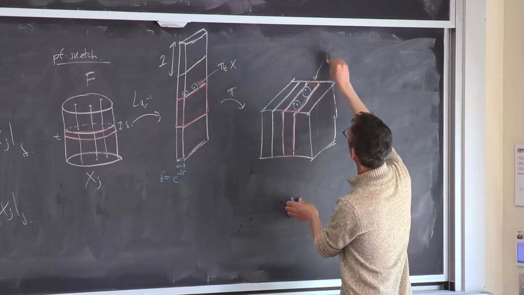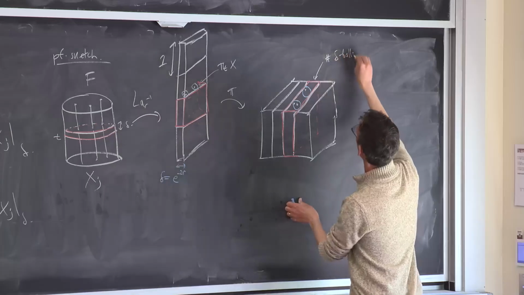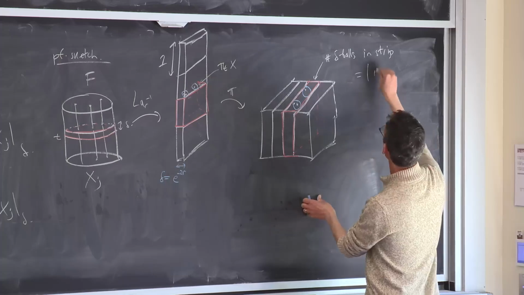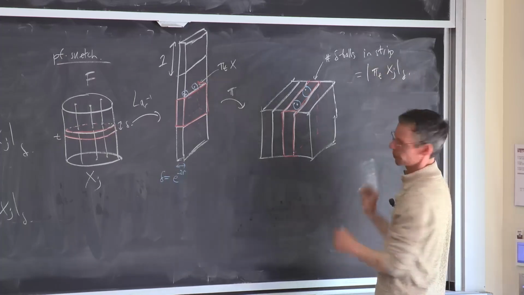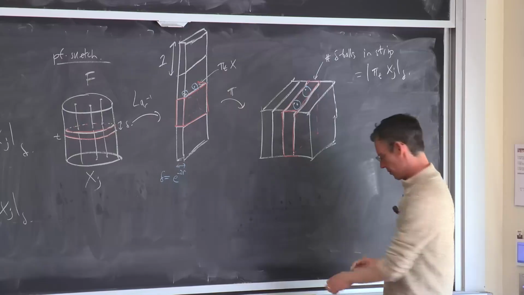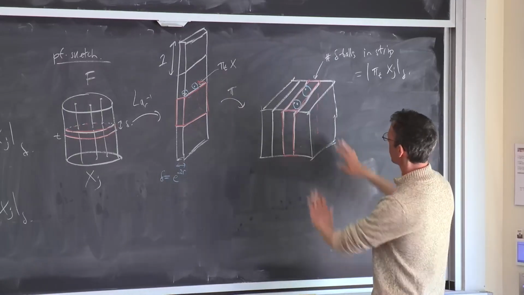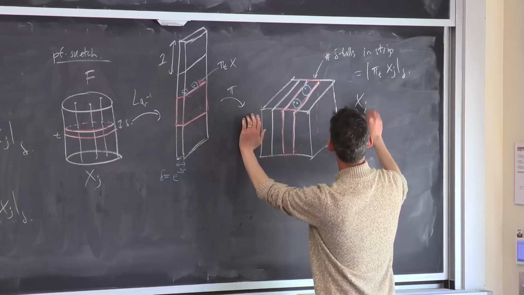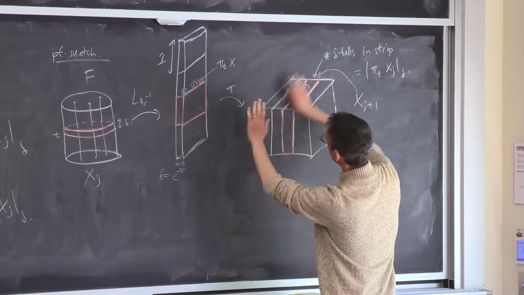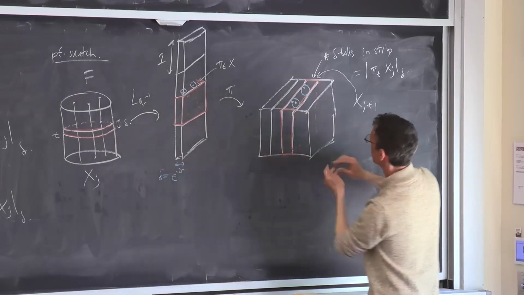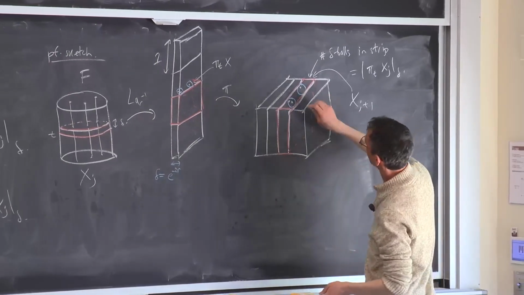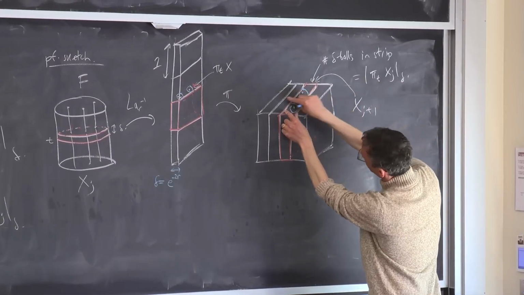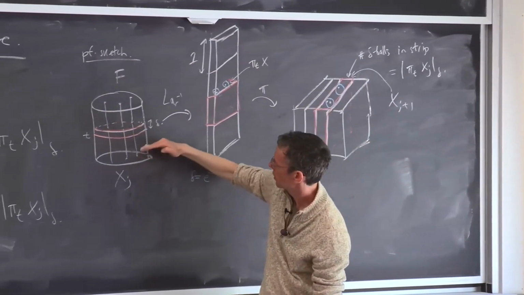So the number of delta balls in this strip, that would be the covering number of pi t of xj. OK. And now these dots up here are xj plus 1. It's the set of dots on the top face. And so how many delta balls do we need to cover them? Well, for these ones, we needed the delta covering number of pi t of xj. And these other guys, those corresponded to different slabs here.